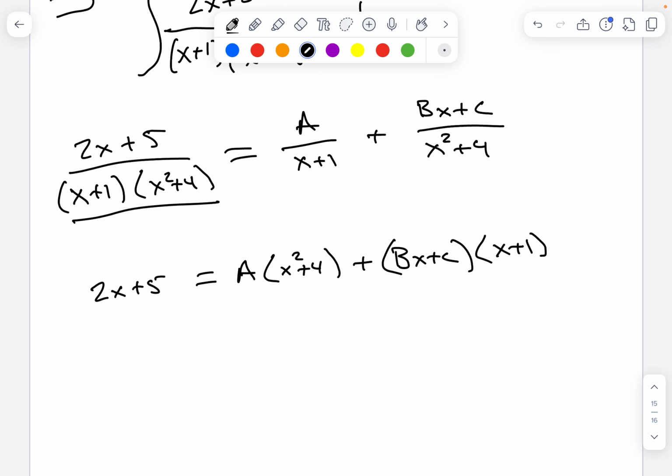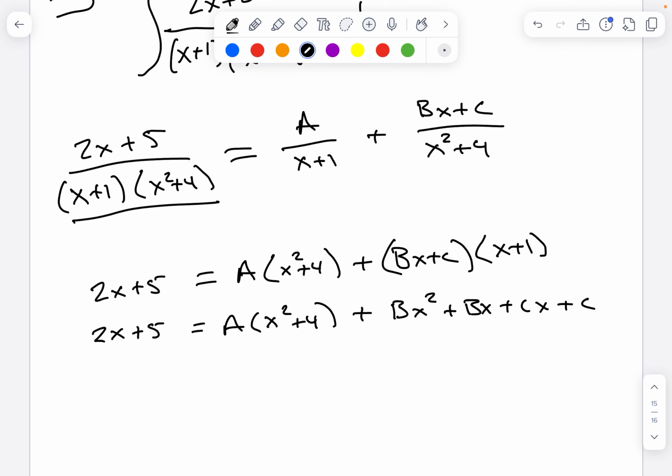Now I'm just going to simplify this equation a little bit. So we get 2x plus 5 is equal to A times x squared plus 4, plus, if I factor all this out, Bx squared plus Bx plus Cx plus C.